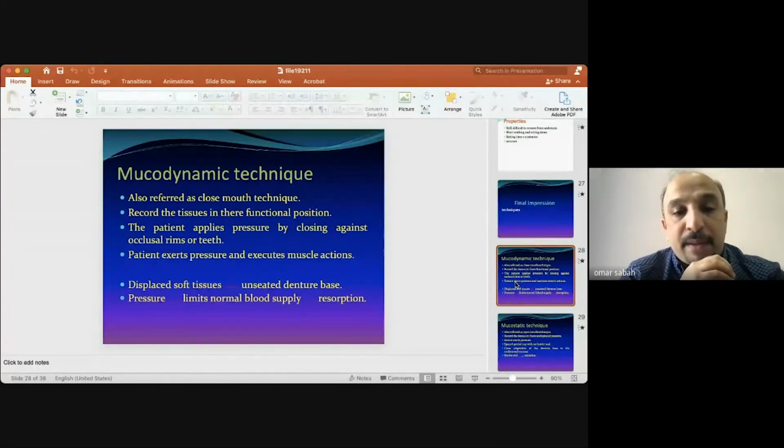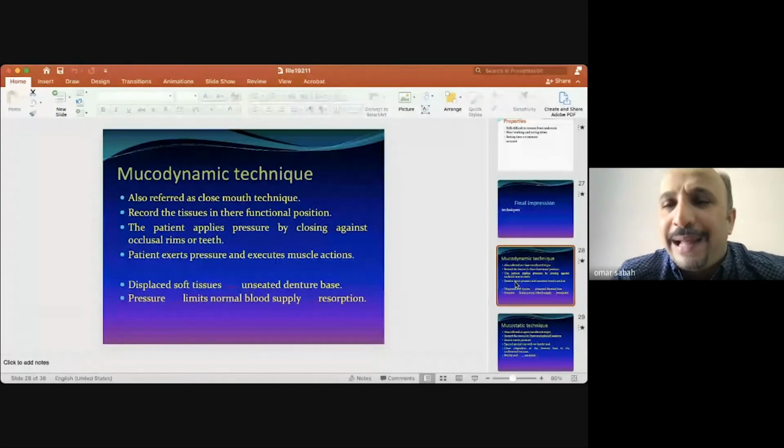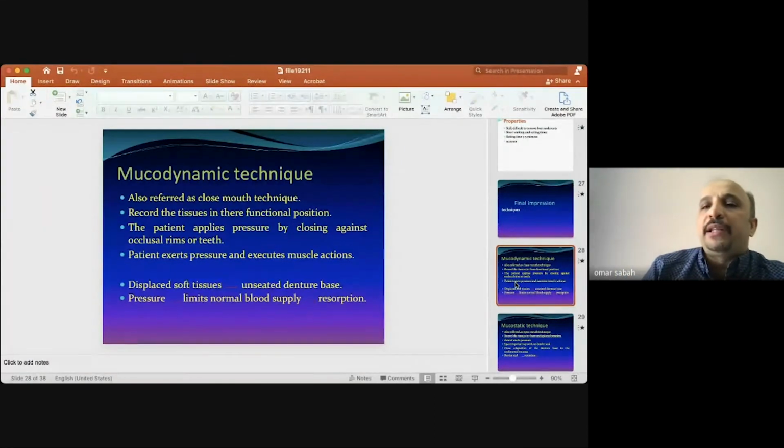So what happens? The pressure limits the normal blood supply, causing resorption. Look, now the denture exerts force on what? On the residual ridge. If you see patients after a time and check the quality of the bone, severe pressure on the alveolar ridge causes resorption.